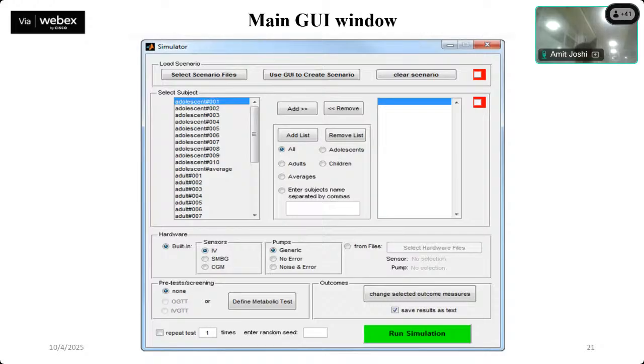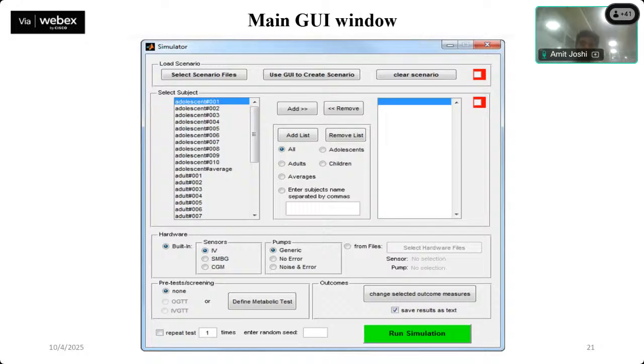It has a nominal price of around 10,000 to 12,000, which we purchased for one particular project. This simulator was developed by the University of Virginia, Padova University, and Epsilon Group. They developed a simulator which helps us with the generation of the artificial pancreas.